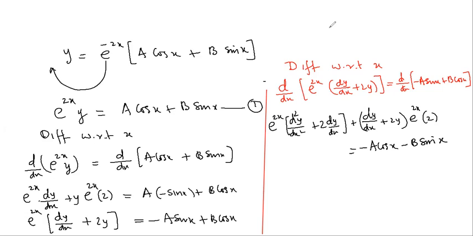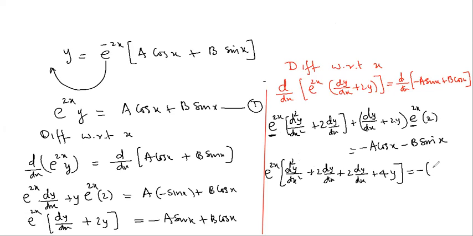On the left hand side, e raised to 2x is common. So I'm going to take e raised to 2x common. Inside the bracket, d2y by dx2, 2 dy by dx, again 2 dy by dx. This 2 and this 2 will multiply, so 4y equal to, I'll take a minus common, a cos x plus b sin x.